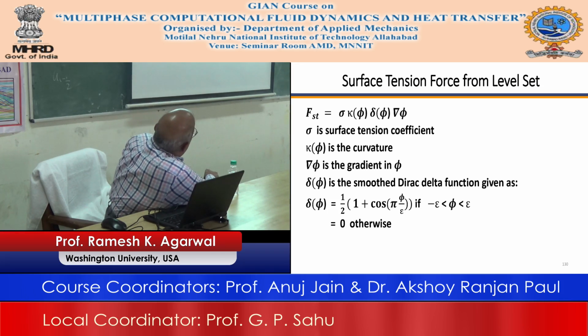But what happens is that in order to make the calculation a little bit simpler, but still have a smooth capturing of the interface, you assume that delta phi is this particular function. Okay. This is the approximation to the delta function. So if you look at it, this is a smooth Dirac delta function that is being used.